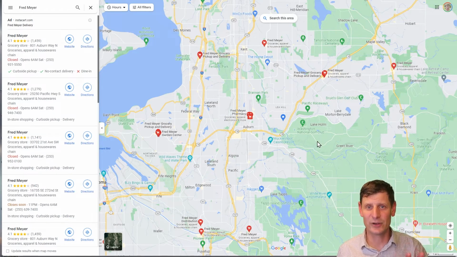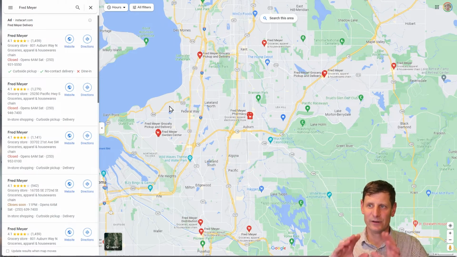And so Fred Meyer's locations are based on that idea of these market areas. So the Auburn market area probably draws around right here, and then the Des Moines one, if that is Des Moines, I'm not sure if that's considered Kent or Des Moines, but you'll have to forgive me for my lack of geographic knowledge on that one. And then you can imagine Federal Way, this Fred Meyer's capturing all these folks over here.